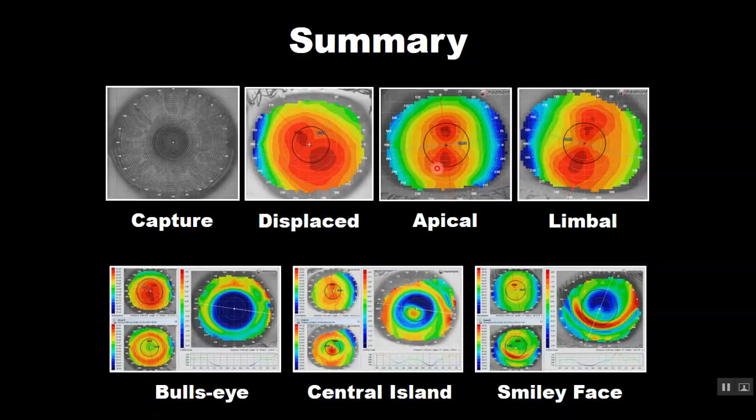When you have apical astigmatism, we can generally fit that patient in a symmetric lens. When we have limbus to limbus, we very often need a toric. And then use your subtractive maps to figure out, is your lens on, is it steep, or is it flat? Is it bullseye, central island, smiley face, or the final one, frowny face?